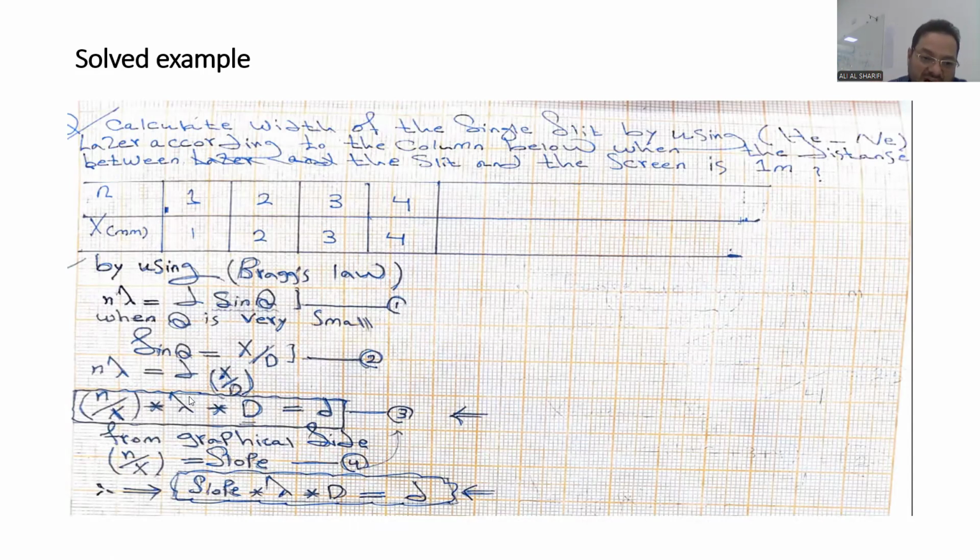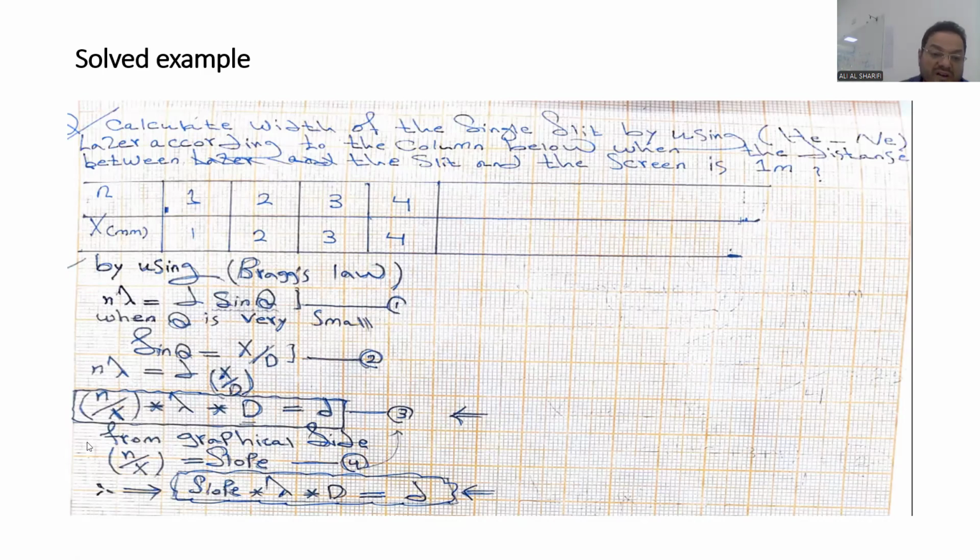That means n lambda equals d x divided by D. Now, putting n divided by x, multiplied by lambda, multiplied by D, equals d small, what I should calculate: the width of this single slit or the diameter of this thin wire, from the graphical side.